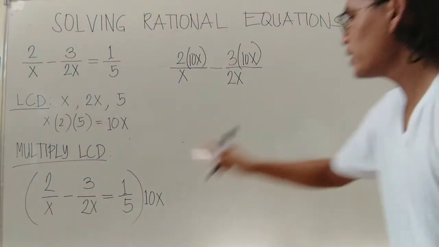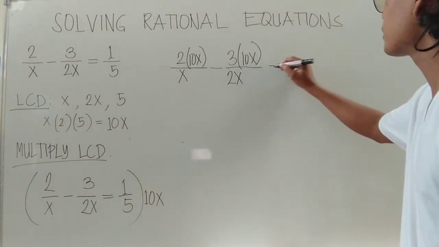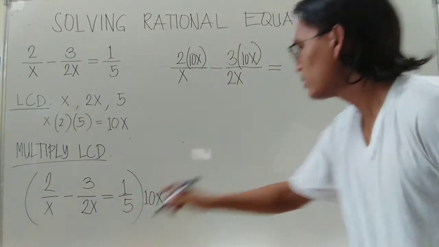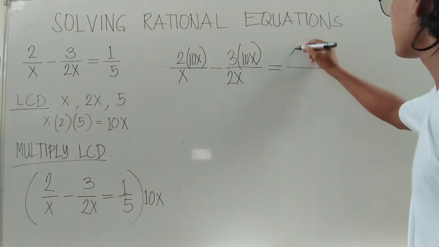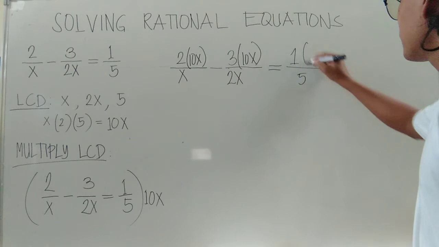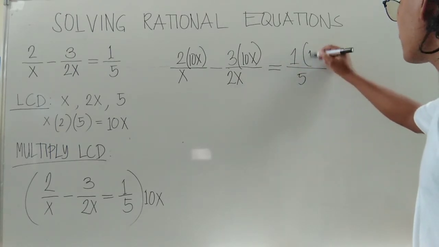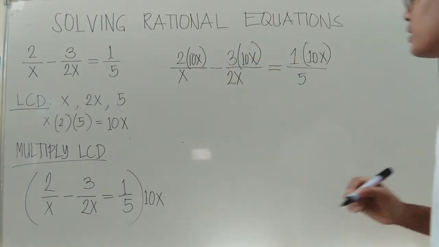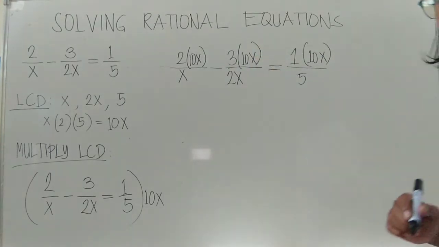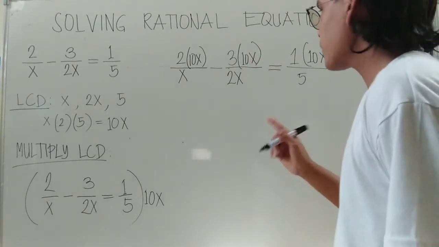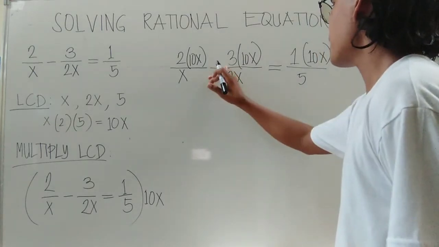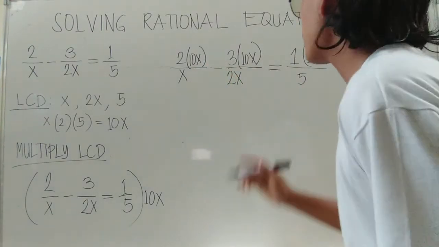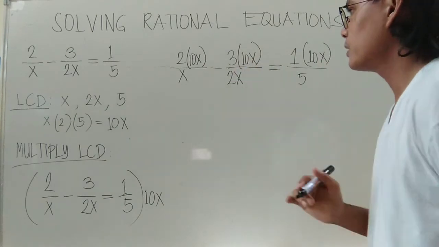Continuing with your equal sign, then 1/5, so multiply 1 times 10x. Then MDAS, PEMDAS, or GEMDAS can be used to simplify this.